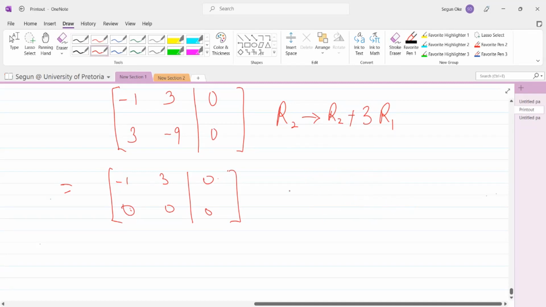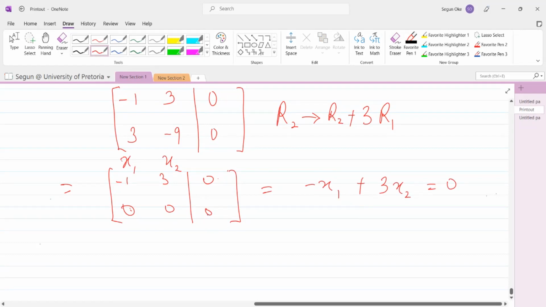That is why all these topics, you cannot escape them. We all know that this is x1 and this is x2. By the time you open the bracket, you will have -x1 plus 3x2, everything equals 0. Do we have anything in the second row?